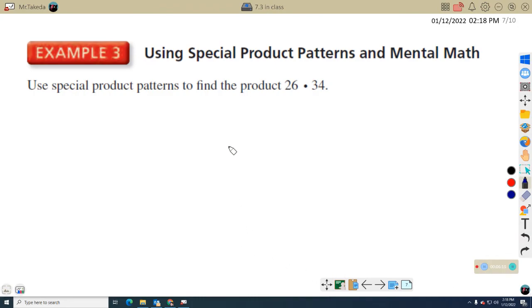And then using special product patterns and mental math. This only works in certain cases. The idea is you're supposed to be able to do this in your head, but I'm going to write out what I'm saying here. This example works because 26 is 30 minus 4, and 34 is 30 plus 4, right?